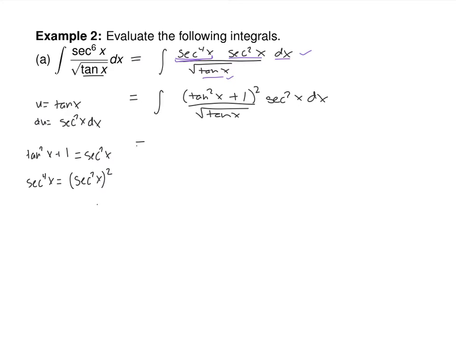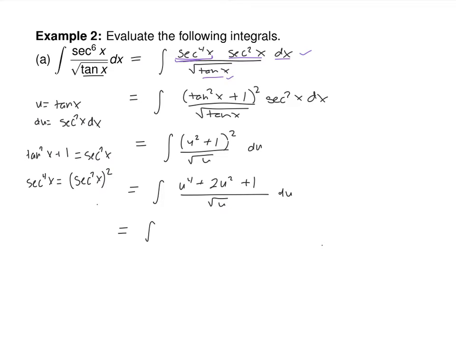Now making our substitution, that's the same thing as the integral of u squared plus 1 squared over root u du, or u to the 4th plus 2u squared plus 1 all over root u.